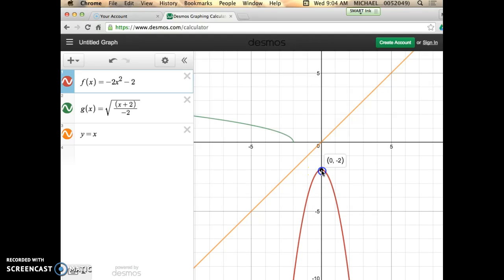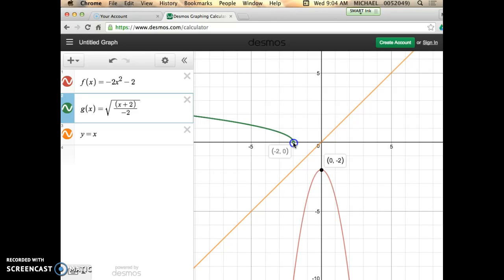The y-intercept is (0, negative 2), where 0 is the x value, negative 2 is the y value. In the inverse of the function, which we've called g of x and it's in green, you'll notice that the x and y values switch. So it was (0, negative 2), now it's (negative 2, 0).